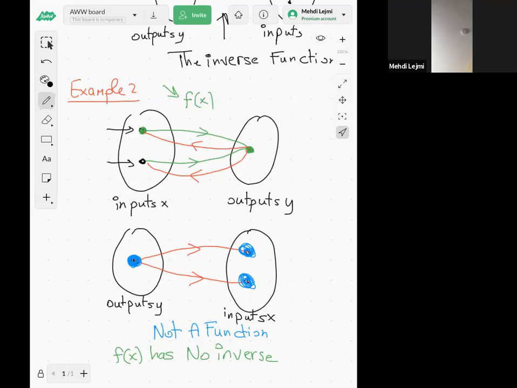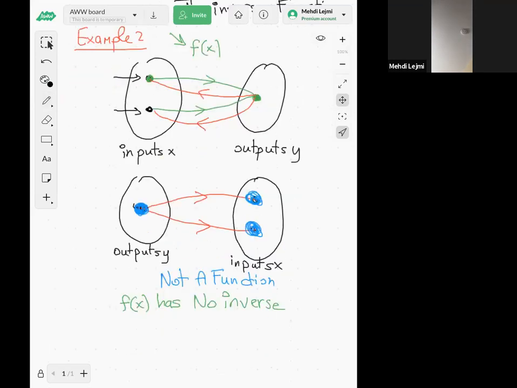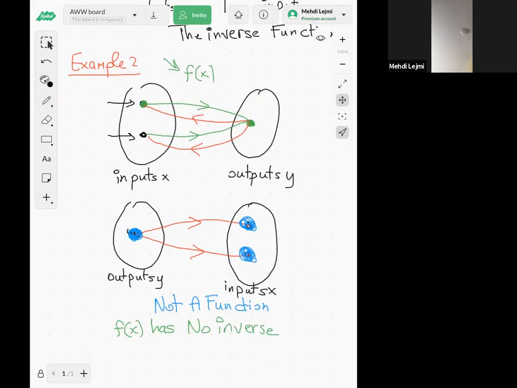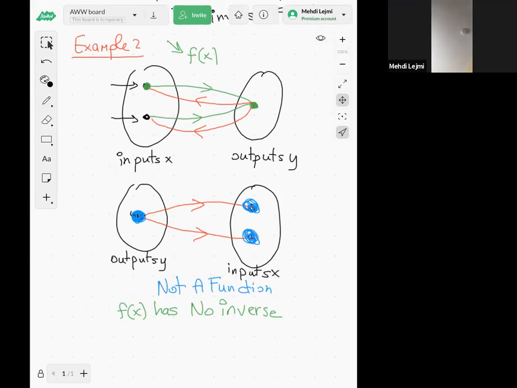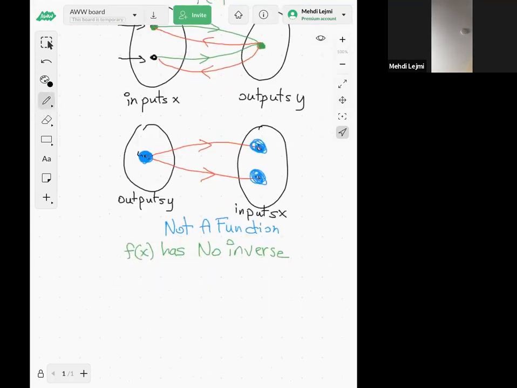So when you reverse the arrows, you're going to have one input which corresponds to two outputs. So that's actually a general fact. Whenever you have two inputs having the same output, then your f of x has no inverse. So this is our statement.